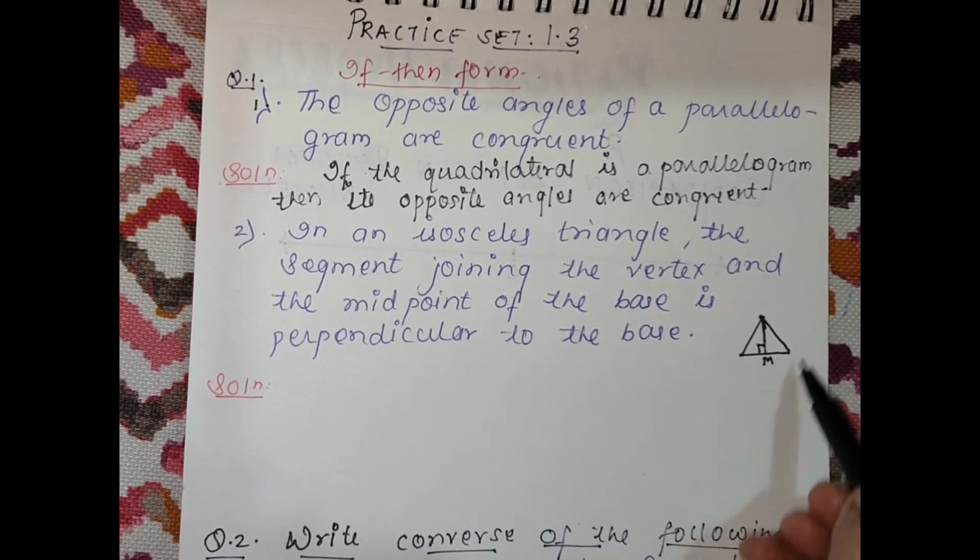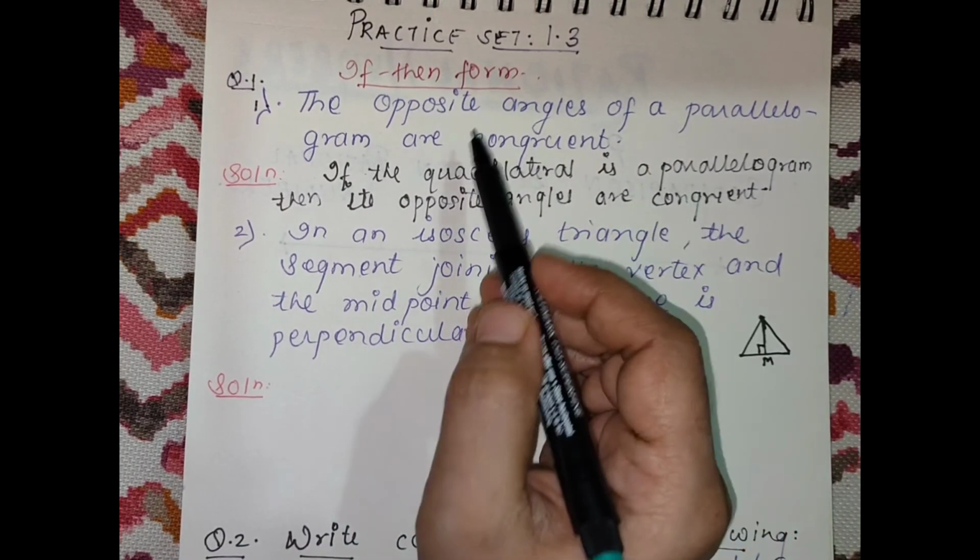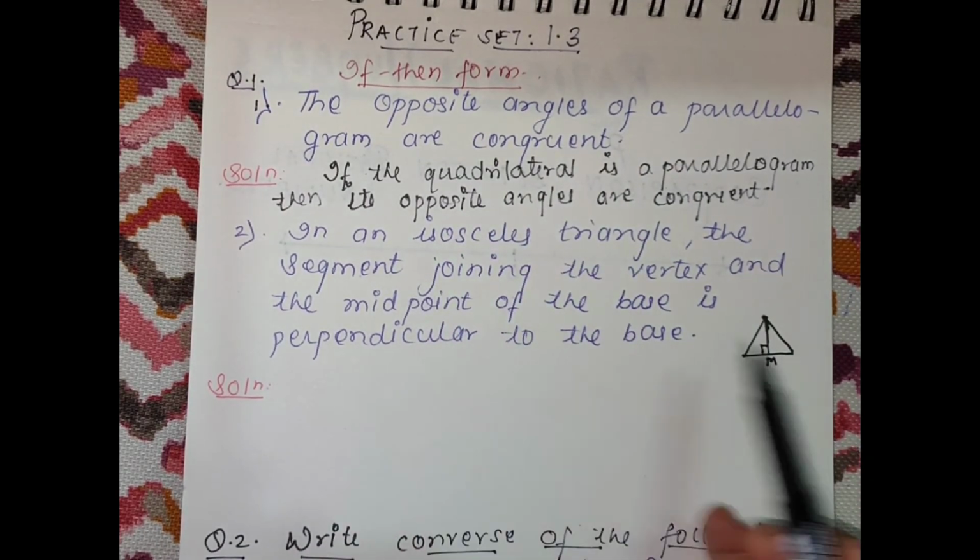That means this figure is a triangle. Here the figure was a quadrilateral. So how will you write the if part?